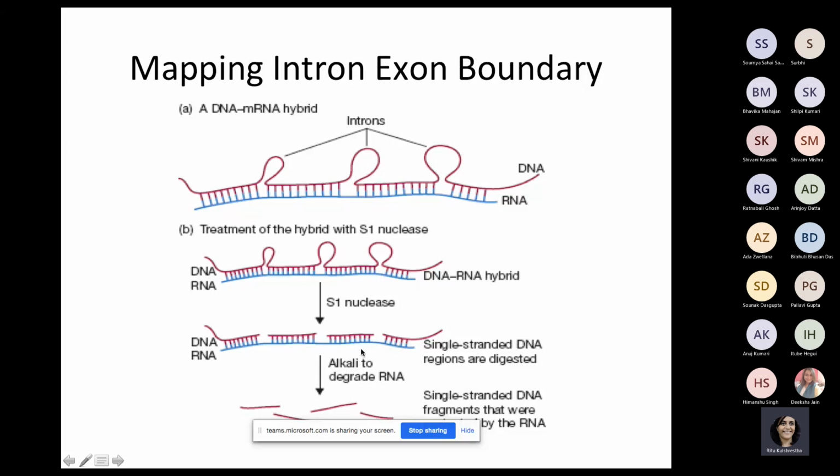It will degrade, and what we will be left with is single-stranded DNA. These small DNAs you can sequence, and you will come to know that these are the exonic sequences. Then when you compare it with the whole genomic DNA sequence, you can know that these were the exonic sequences and the rest was the intronic sequence.